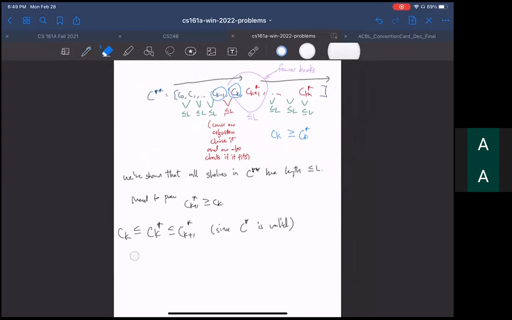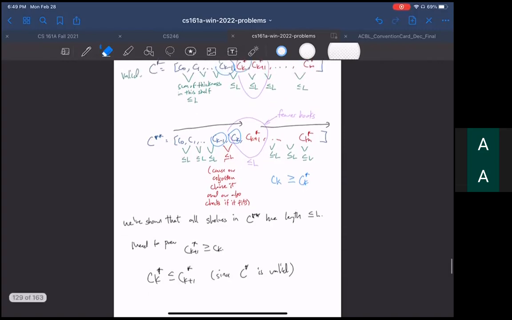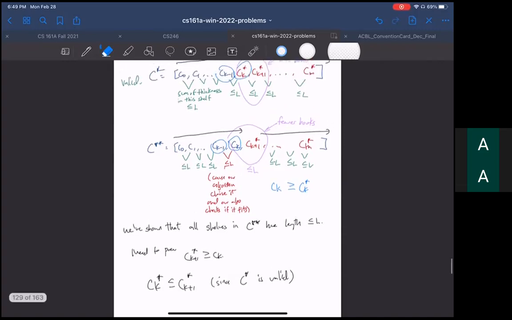Did I write this correctly? I'm trying to prove that CK plus 1 star is greater than or equal to CK. And then we know that CK star is, okay, we know that is true.